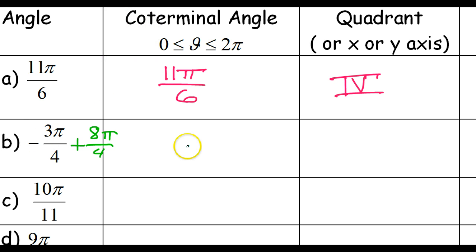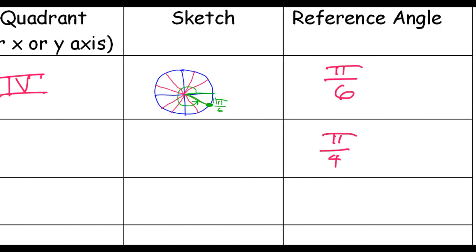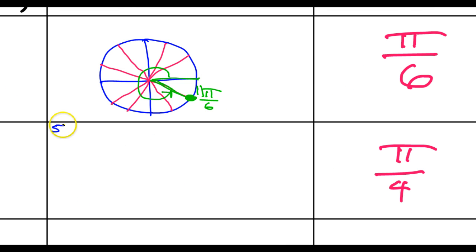So negative 3 plus 8 is 5. So that's going to be 5 pi over 4. So there's my coterminal angle right there. So what quadrant is this in? Well, drawing the sketch will help me see that. I'm sketching 5 pi over 4 right now. So here's my unit circle.